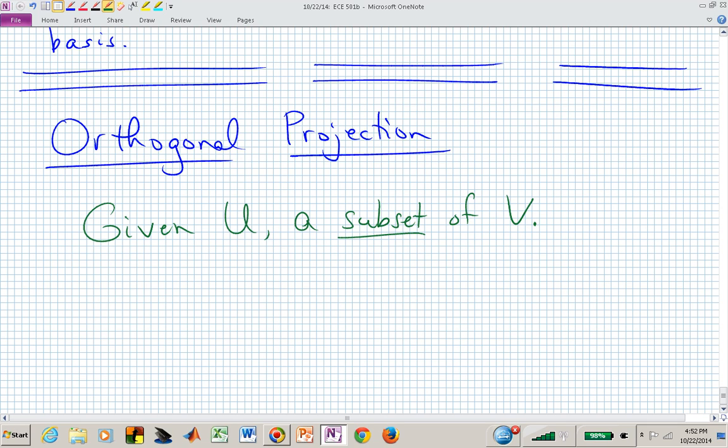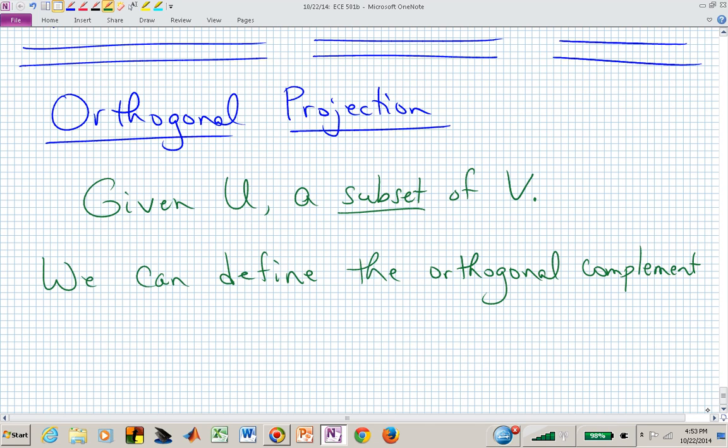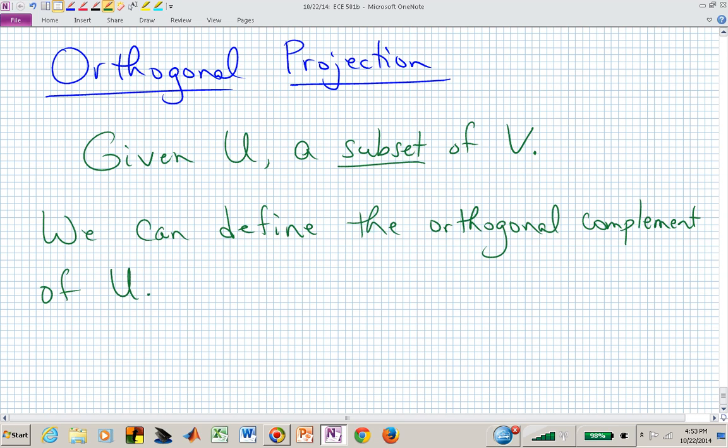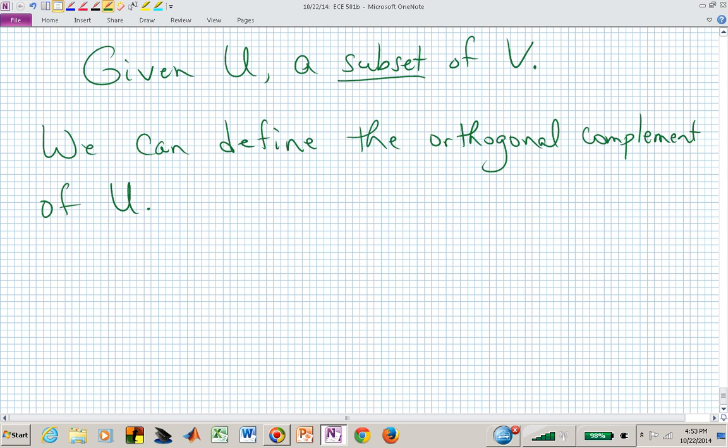It's not necessarily a subspace of a linear vector space V. If we're given such a U, a subset, we can define the orthogonal complement of that subset U. And we will actually give that particular orthogonal complement a certain notation. We'll say U perp.